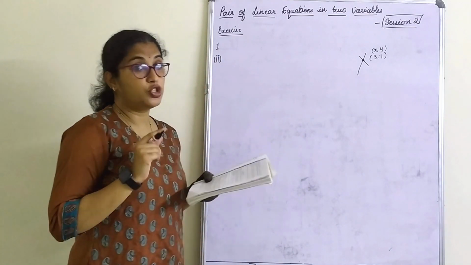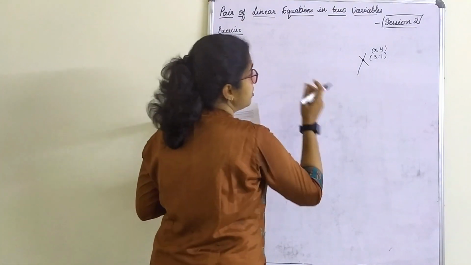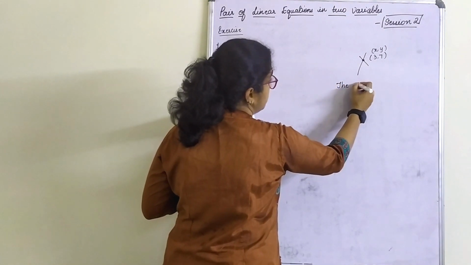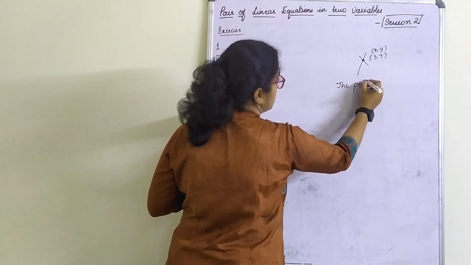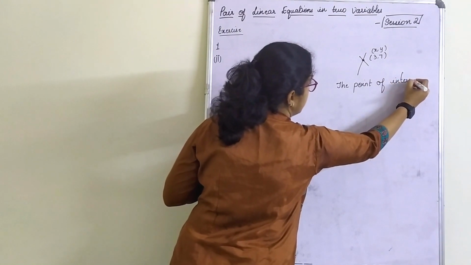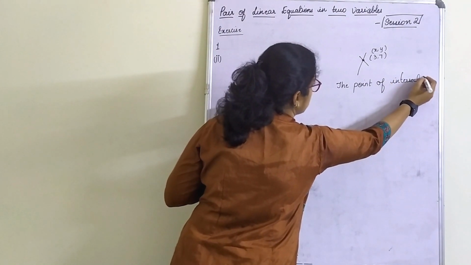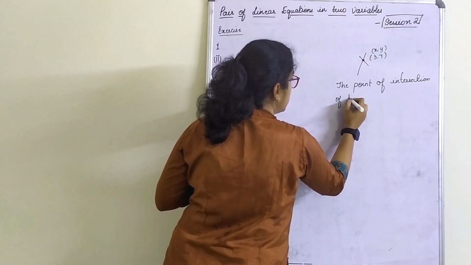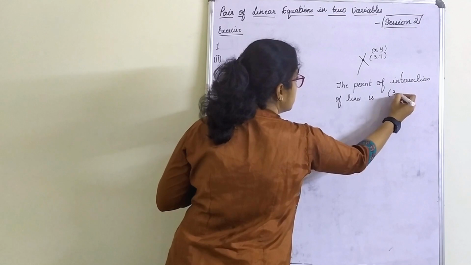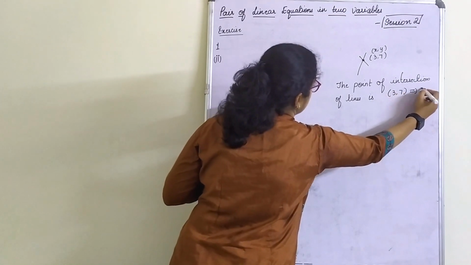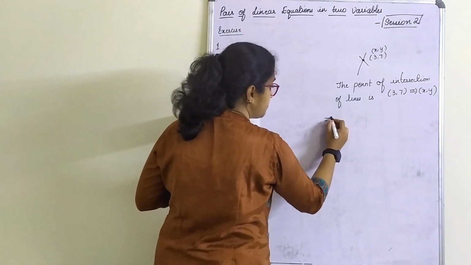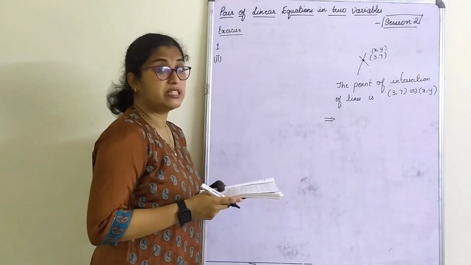The conclusion should be, write down the conclusion if you want and then I will proceed with this. The point of intersection of the lines is 3, 7, that is x, y. This means number of x represents what here?